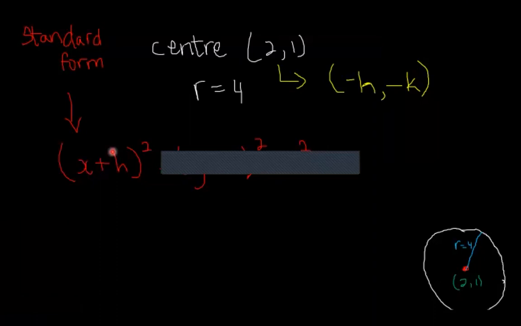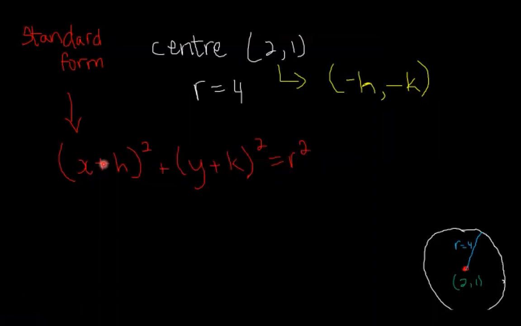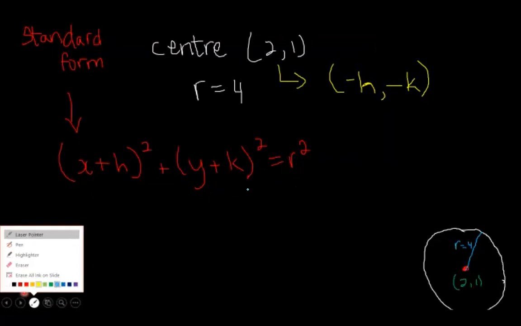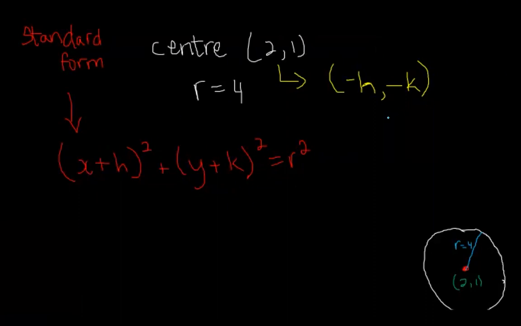But if you look at this form, the standard form, requires the value for h and requires the value for k, not minus h and not minus k. So remember, when writing something in the standard form, you need to make sure you have your value for h, you have your value for k, and you have your value for r.